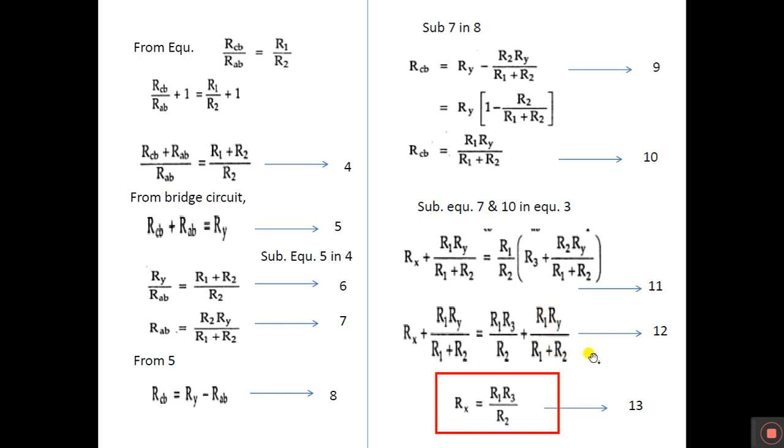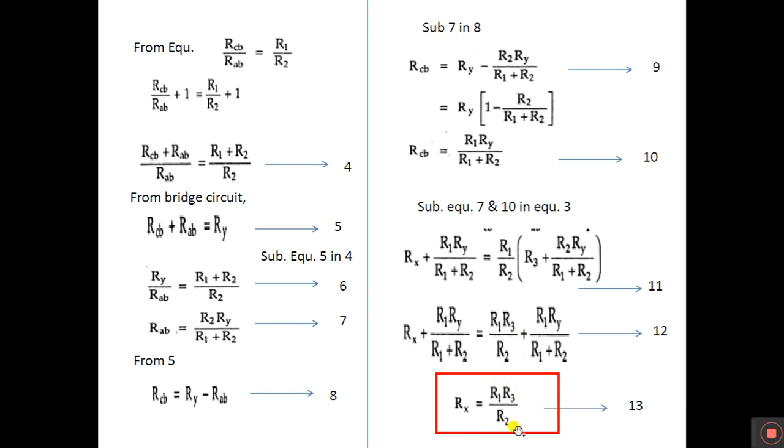Now see in this expression, the left hand side and right hand side values are the same: Ry into R1 divided by (R1 plus R2), here also R1 Ry divided by (R1 plus R2). If both terms are cancelled, then you will get the expression Rx equals R1 R3 divided by R2.